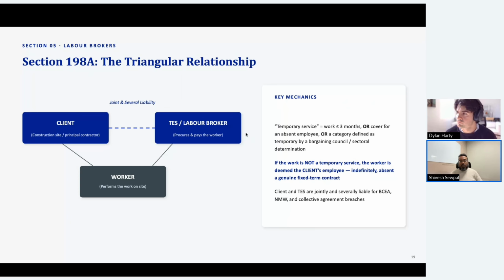If the work is not truly temporary in that sense, and the worker earns below the earnings threshold, the worker may be deemed to be the employee of the client. That is a major point. It means that if you are a principal contractor, keep TES workers on site beyond the temporary service window, and the work is not generally temporary, you may find that those workers are regarded as your employees for the purposes of the LRA.